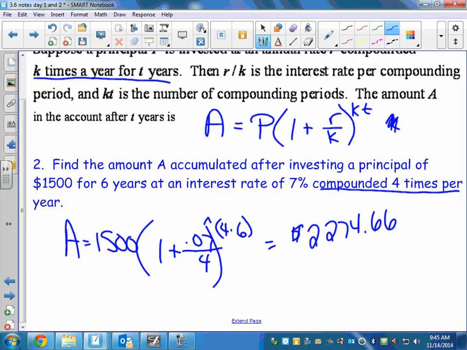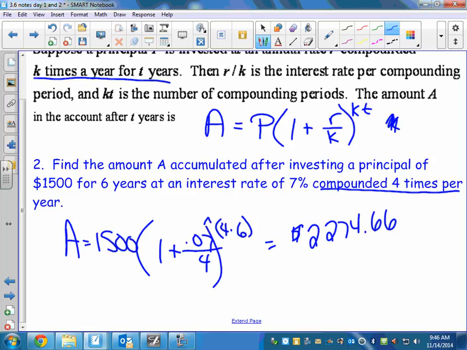Go. Do it. Times, parentheses, plus, parentheses, 0.07, whatever you use. Anyone else need calculator help? Divided by 4, parentheses. Yeah, I got it that time. Okay, anybody else need help with this?